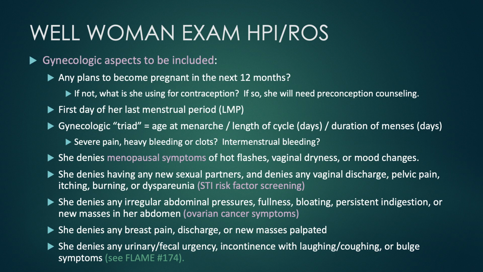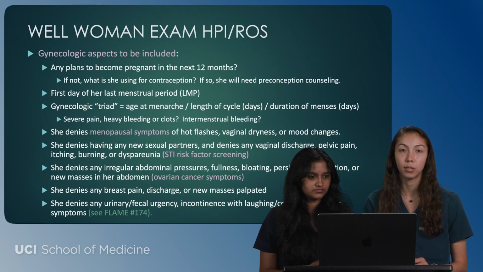So if they're at menopause, you might be asking other things such as, are they having any hot flashes, vaginal dryness, or mood changes? And any other non-specific symptoms they might be experiencing, such as abdominal pressure, breast tenderness, or any lumps or bumps that they might be feeling on themselves. Basically anything that's abnormal to them.